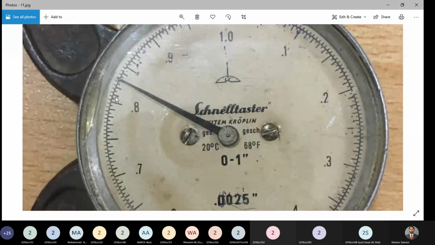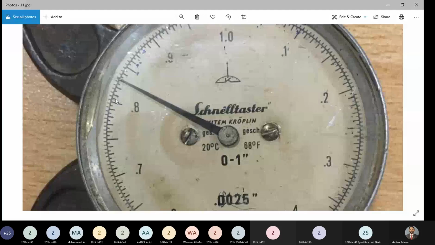From this point to this point is 0.01 inch, and this 0.01 inch is further divided into two parts using this line. So this 0.05 inch divided by 0.001 inch is further divided into two parts with this line, that becomes 0.005.